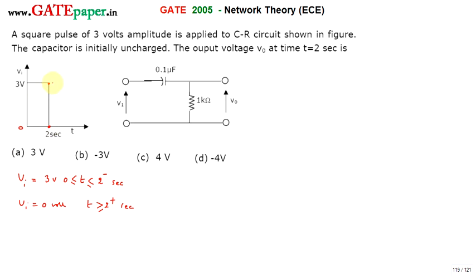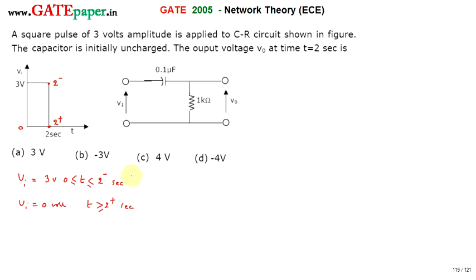As time progresses towards the right, this comes first and this comes later. So this will be taken as 2 minus and this as 2 plus seconds: just before 2 seconds, 3 volts, just after 2 seconds, 0 volts.